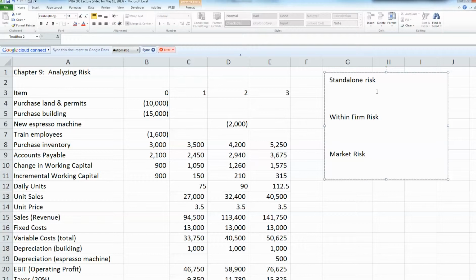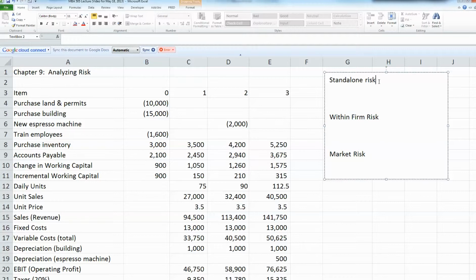So as an investor, I would be most concerned with how that project would impact your firm's systematic risk relative to the market. So they would call that market risk. There are ways to evaluate market risk and within-firm risk, but I'm not going to talk about them.